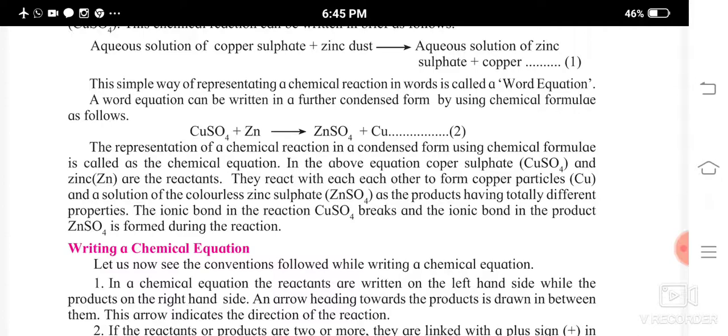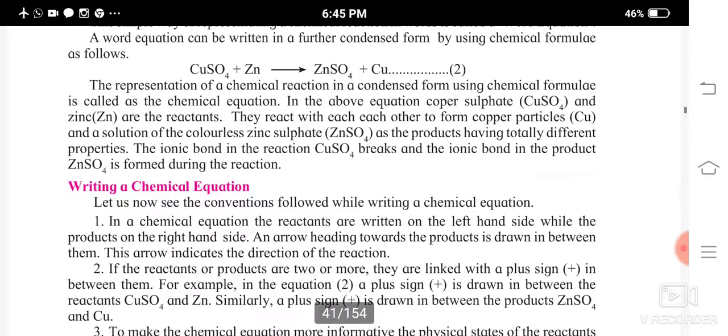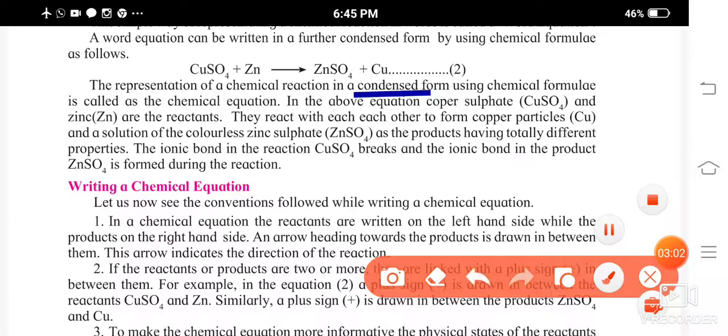This condensed form using chemical formulae is called the chemical equation. So how are you going to represent the chemical reaction? In a condensed form, using chemical formulas. This we call a chemical equation.